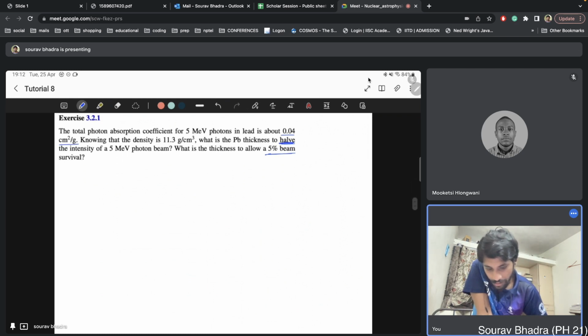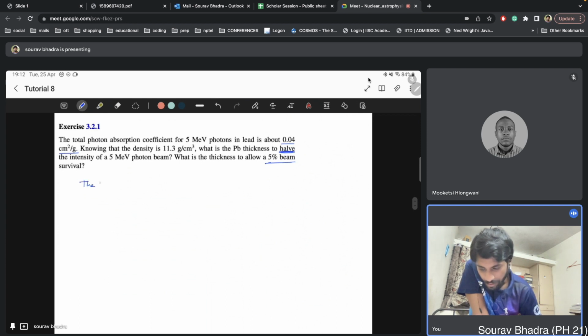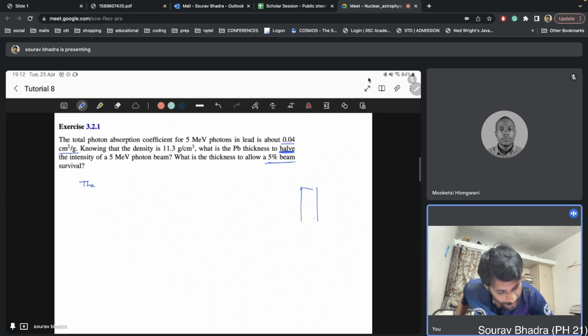Now as I have told you, and you have already seen, whenever photons or gamma rays, because gamma rays are actually high energy photons, go through matter, the intensity will be reduced, because some of the gamma rays or photons will be absorbed inside the matter. Suppose this is the thickness of a matter and gamma rays or photons are going like this, and n0 number of photons are falling on that material. There will be some absorption inside the material, that is the interaction of light and matter.